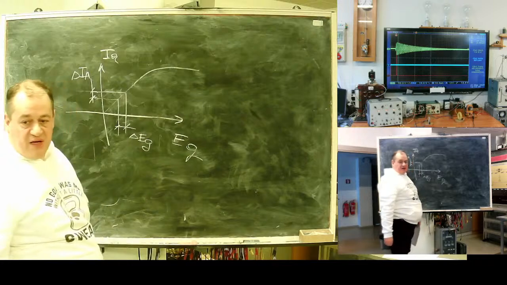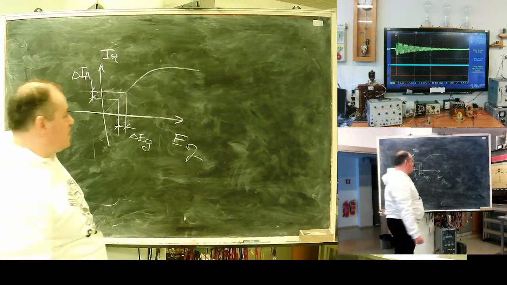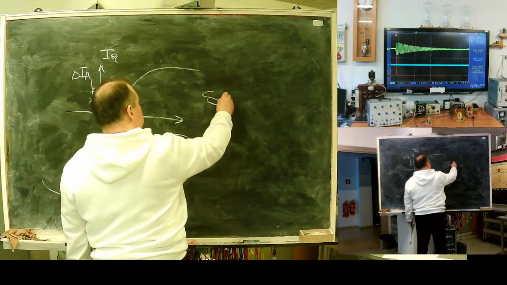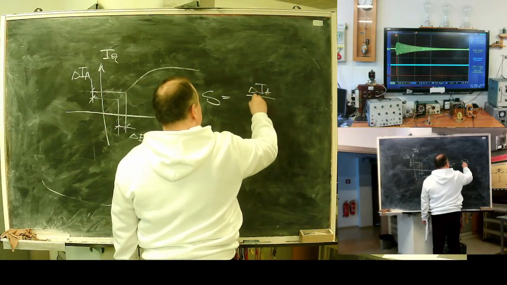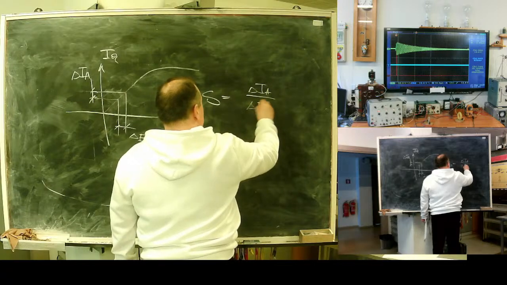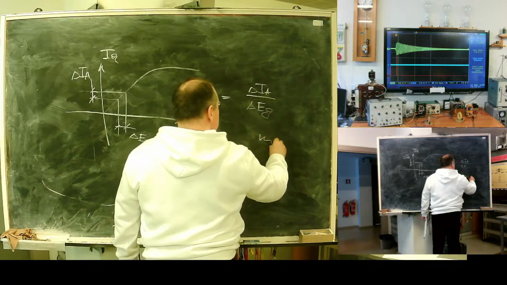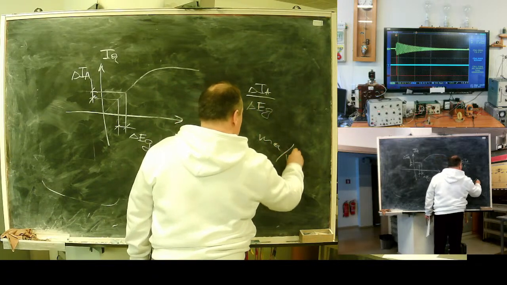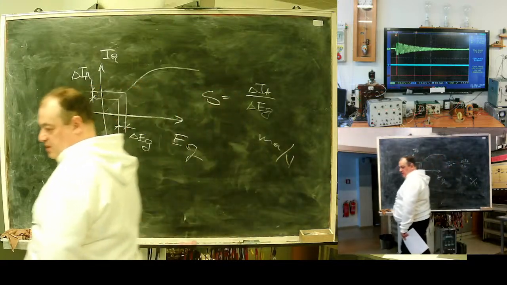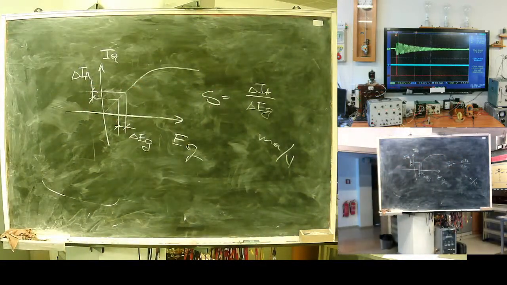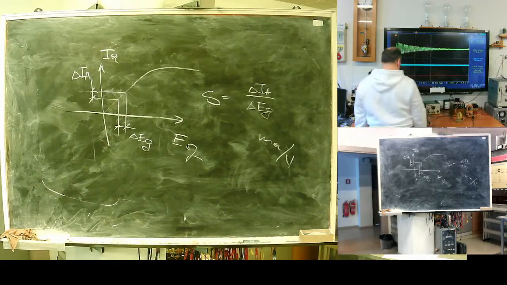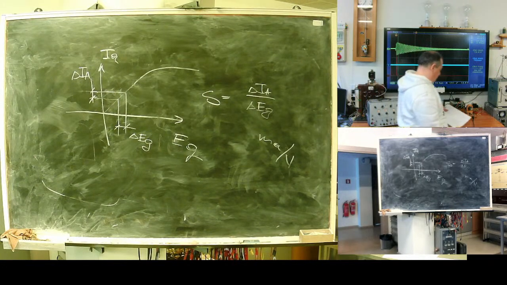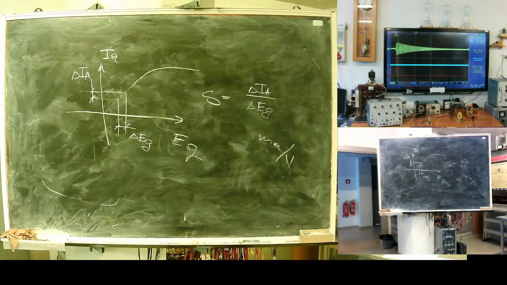Valve effectiveness can be characterized with the so-called stiffness. It's delta A divided by delta A graph. It's milliampere per volt. It's a characteristic of its amplification capability. Understood? Yes.